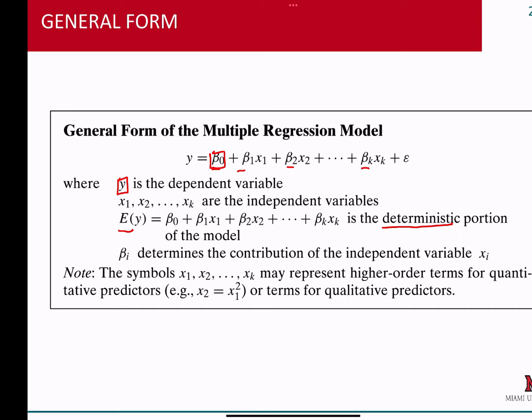You can see that in the general form here we have a y value, and that is basically that deterministic function right here plus the error term. That error term is basically a random error. Note that these predictors can be the original variables, but they can also represent higher order terms. In other words, a squared value of a variable.